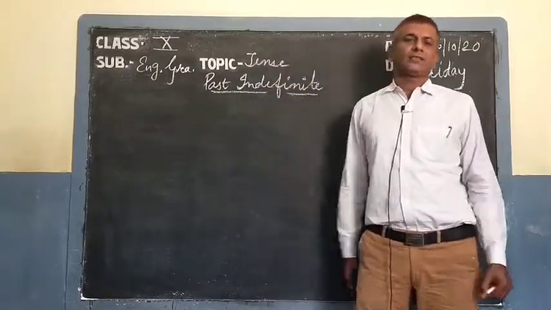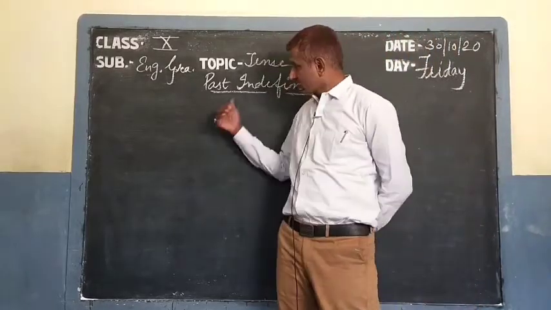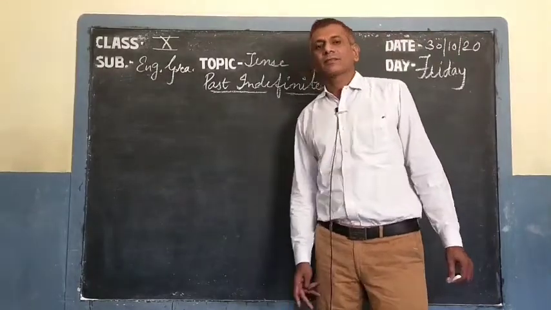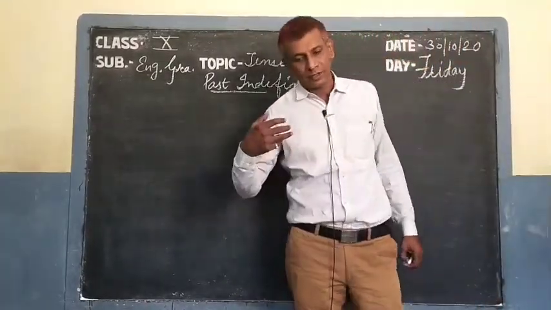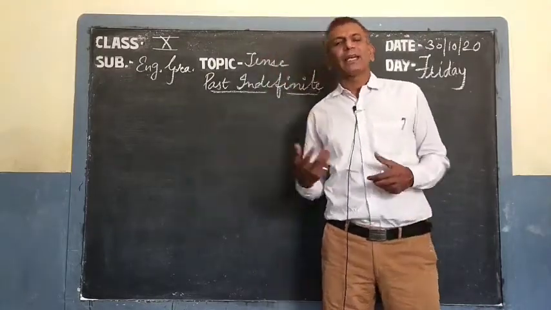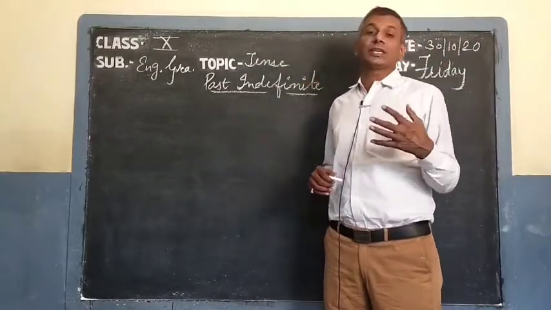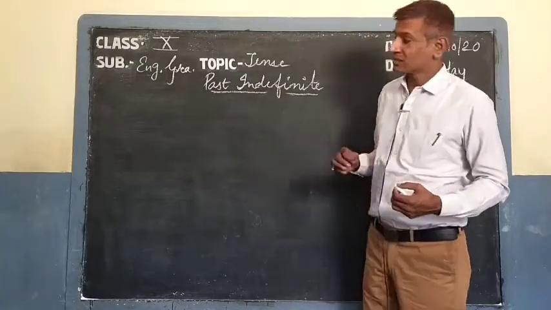So in the present we used the present finite, and today we are starting with past indefinite. It means here we will be using the finite verb in its past form, that's called the past tense.